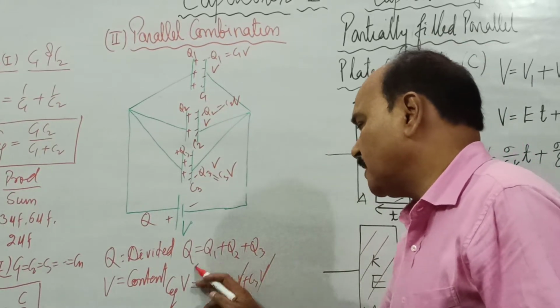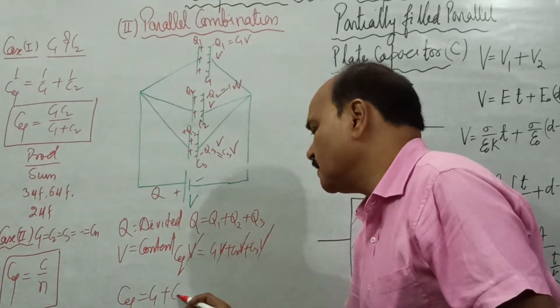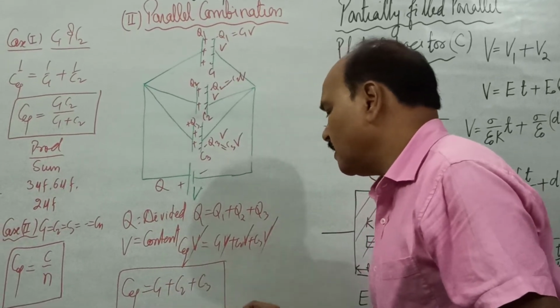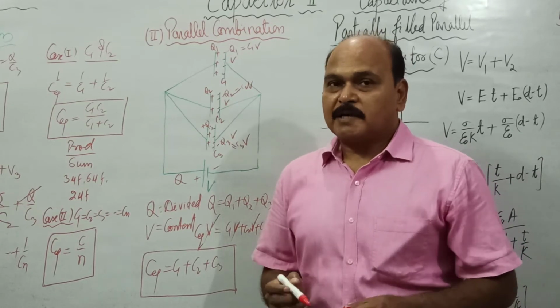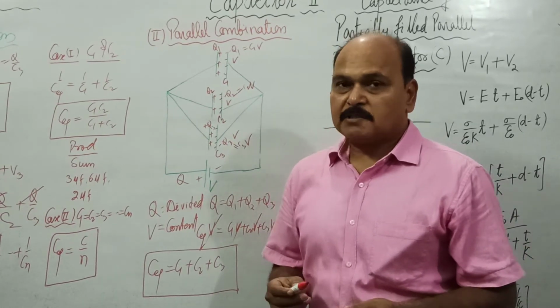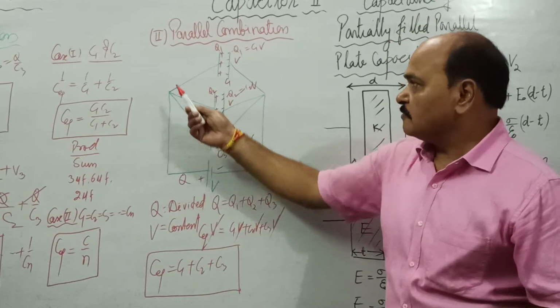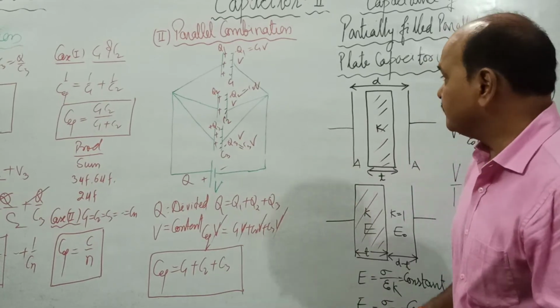This V comes out common and cancels out. What is C equivalent? Equivalent is C1 plus C2 plus C3. So if the capacitors are connected in parallel, the equivalent capacitance is simple sum of the capacitances of all capacitors connected in parallel. This is very simple result. No particular conditions are required. So equivalent capacitance is simple sum.